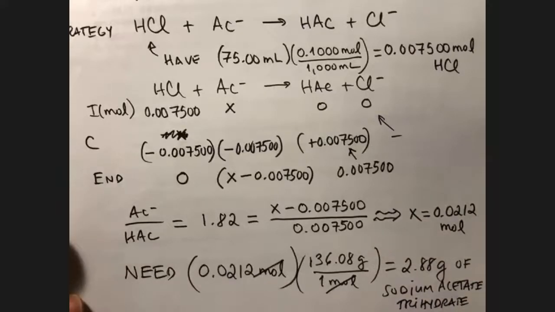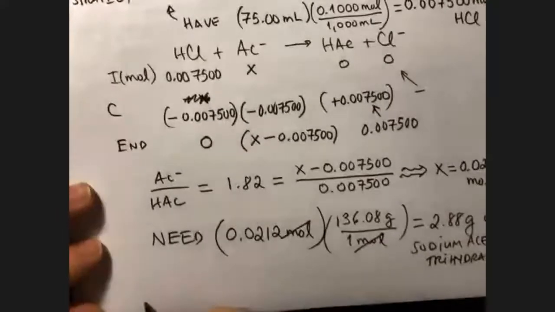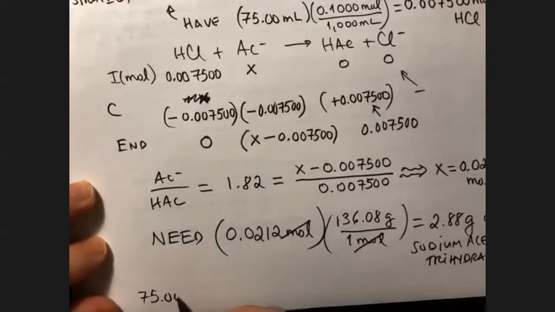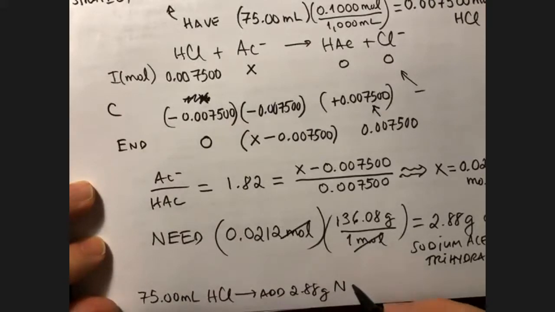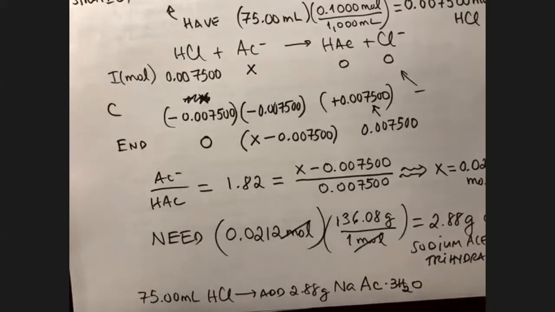All right, so you're gonna take your 75.00 mLs of HCl at 2.88 grams of sodium acetate trihydrate. And that's how you're gonna get your buffer in this case.